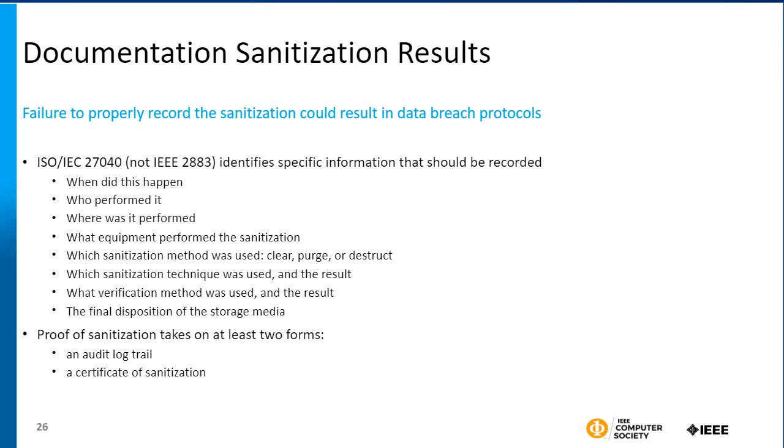Another approach is a certificate of sanitization. So as the process is being executed, somebody is actually entering detail into maybe a little application that will then produce either a digital record or maybe print it out for whatever the storage is that you're dealing with. So it includes things like the serial number and whatnot.